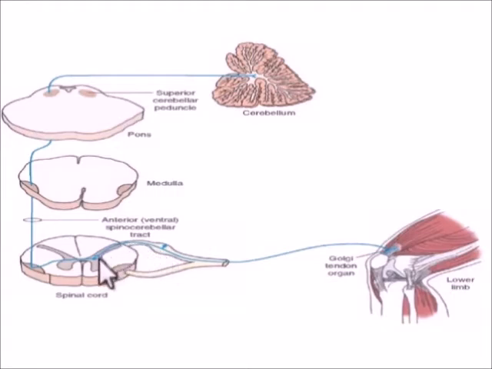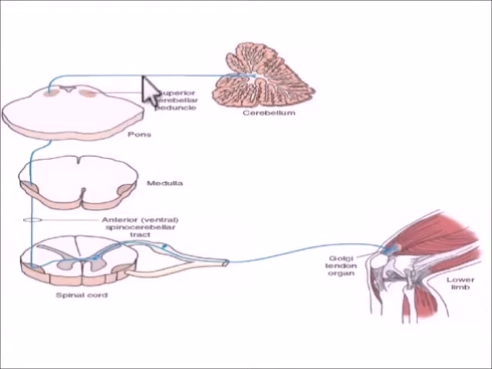But here we should understand that this tract crosses to other side of the spinal cord, and after crossing to other side of the spinal cord, it ascends upwards through the medulla and pons to reach the lower part of the midbrain, and from the lower part of the midbrain it again crosses to other side.